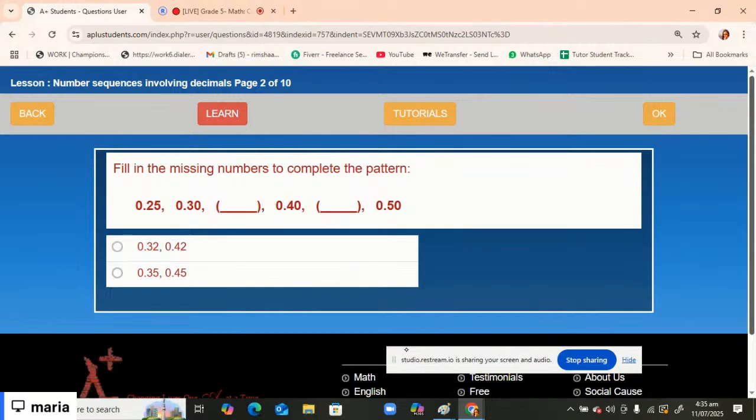0.25, then 0.30, 0.35, then 0.40, 0.45, then 0.50. 0.05 is increasing. So 0.35 and 0.45.